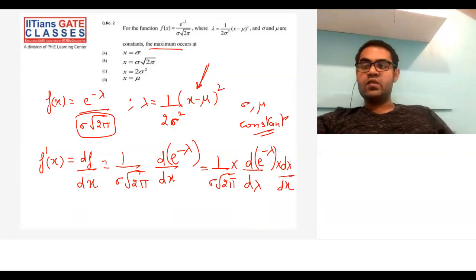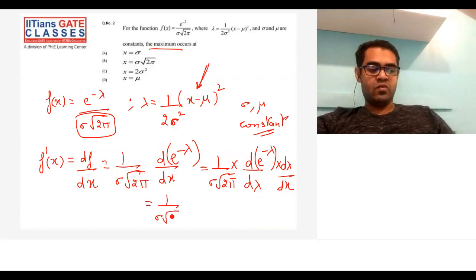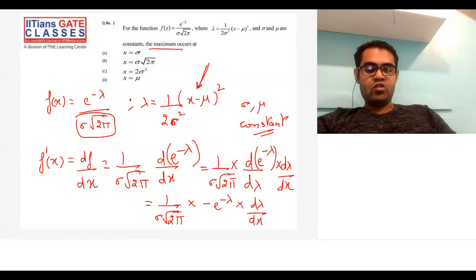I did that because lambda is a function of x and I cannot take the differentiation directly, so I have to apply the chain rule. So this becomes 1 by sigma root 2 pi into minus e raised to power minus lambda into d lambda by dx. My job is to find this d lambda by dx.